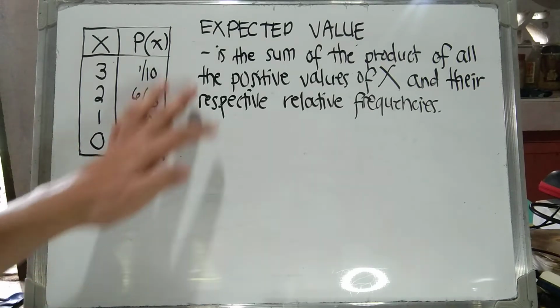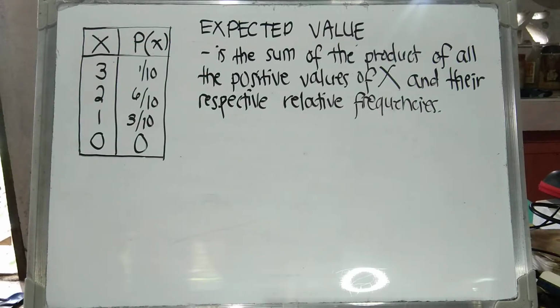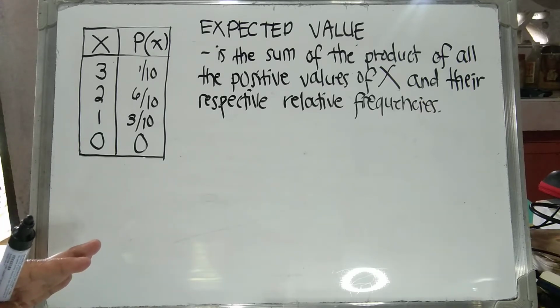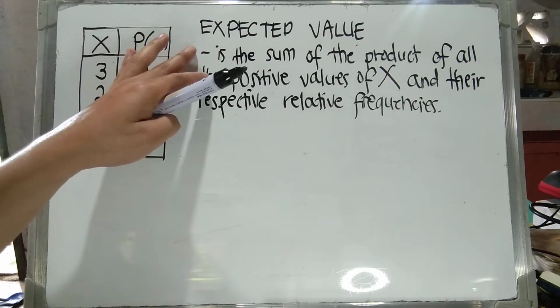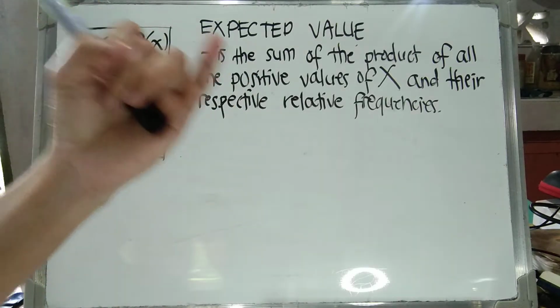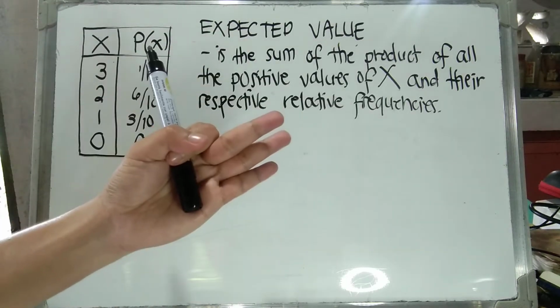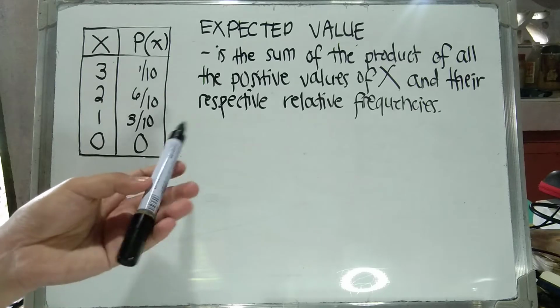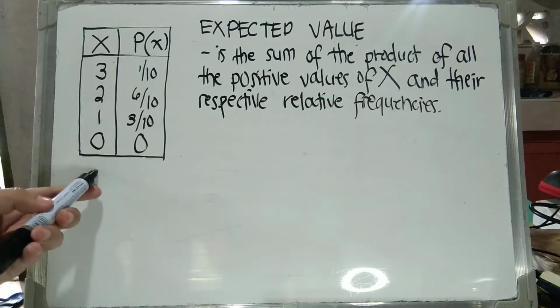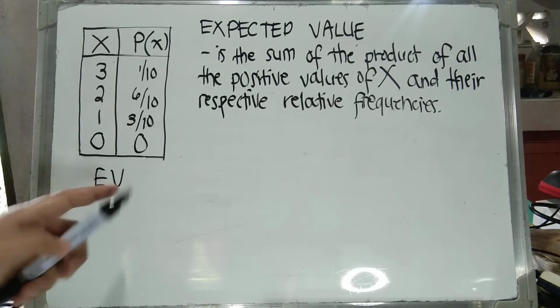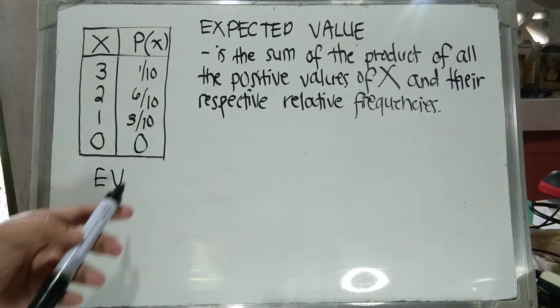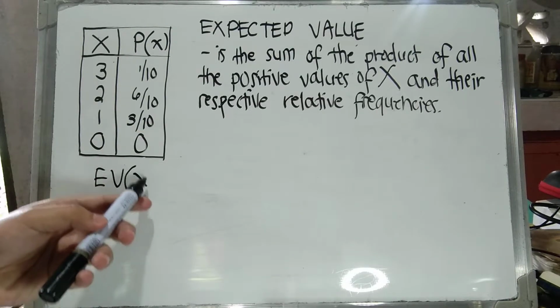Okay, now when you say expected value, we're just referring to the mean or the average. So the mean, the average, or the expected value are just the same. And this is given by the formula EV, which stands for the expected value of our random variable x.